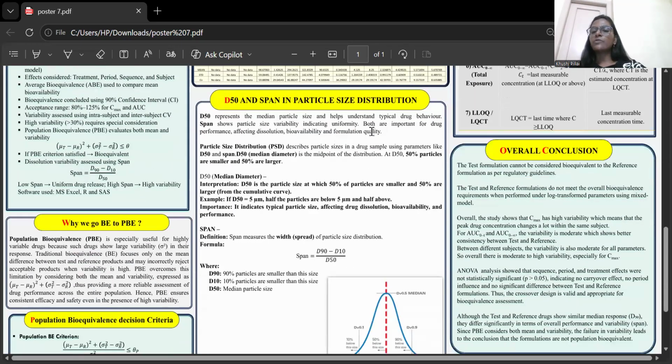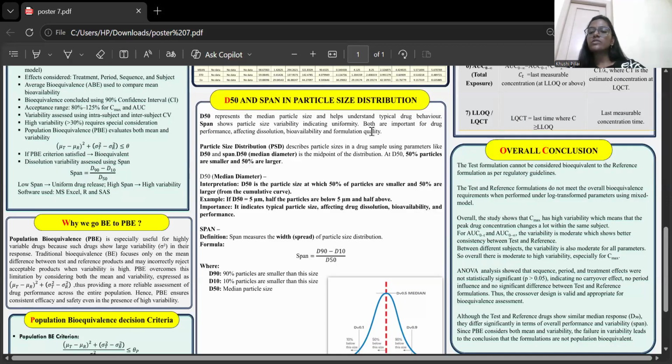The overall conclusion we have drawn from all this analysis is that the test formulation cannot be considered bioequivalent to the reference formulation as per regulatory guideline, and the test and reference formulations do not meet the overall bioequivalence requirements when performed under log transformed parameters using a mixed model.